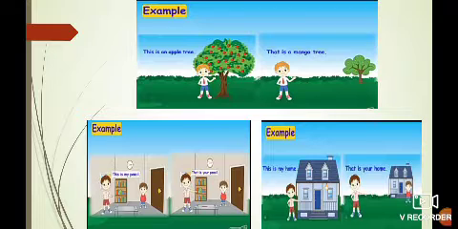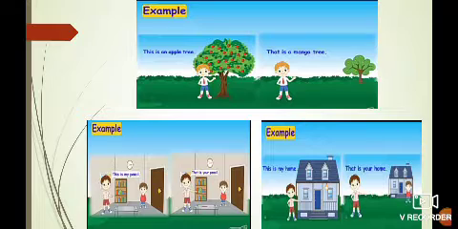See in the next example, this is my pencil. The pencil is in the hand of the boy and he is saying this is my pencil. Now in the same picture, another pencil is on the table and he is saying that is your pencil because the pencil is far from the boy.